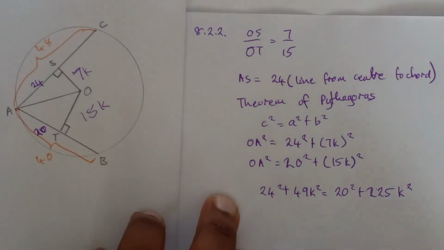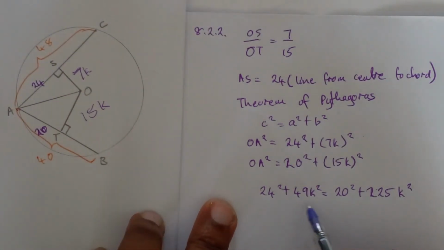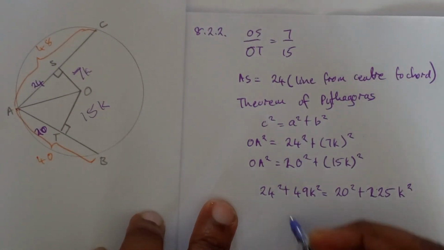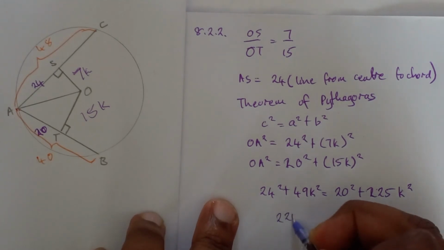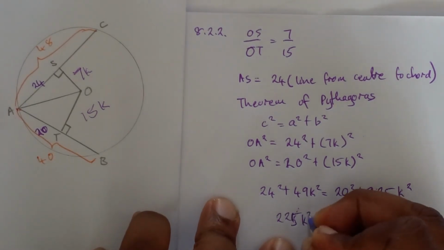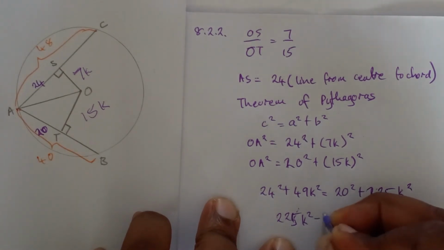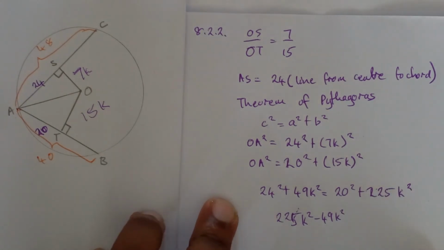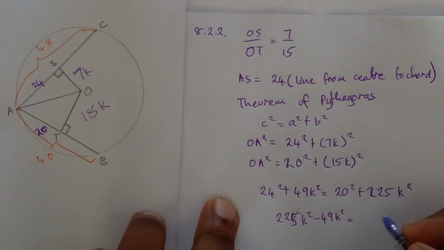Let's solve this for k. So 225k squared minus 49k squared should be the same as 24 squared minus 20 squared.